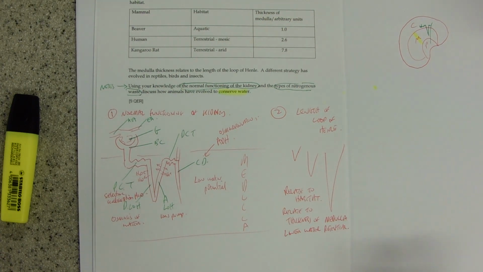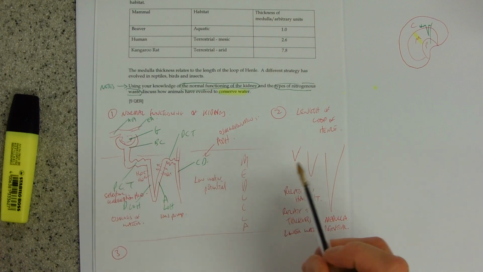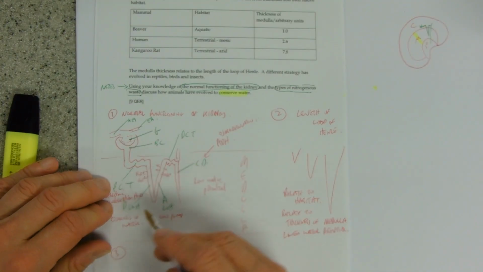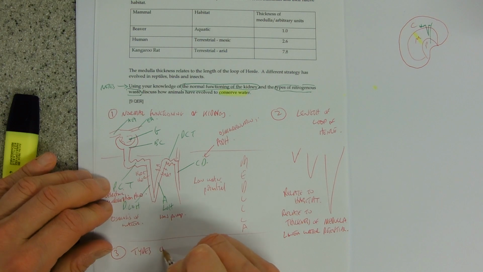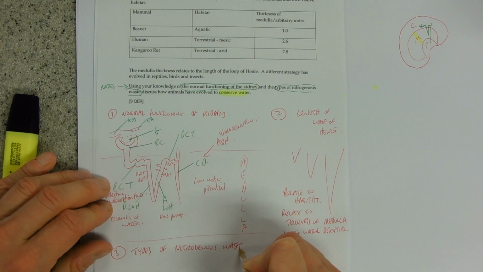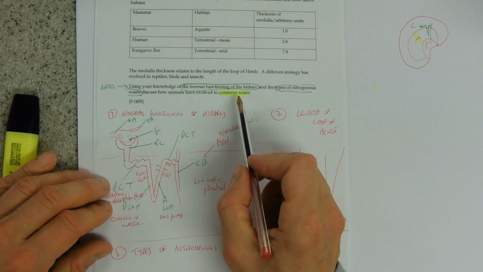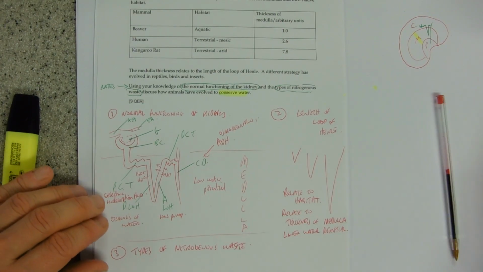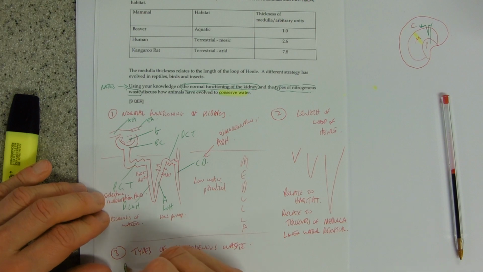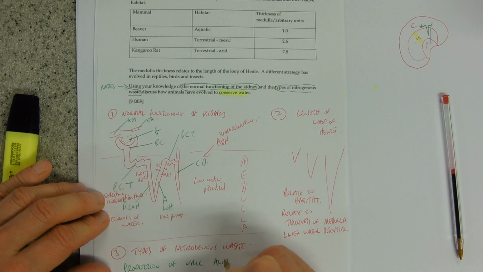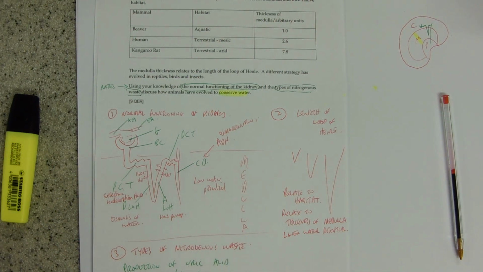And then finally, area 3, we've got types of nitrogenous waste, and particularly to do with conserving water. So things like production of uric acid, in reptiles, insects, birds. And why they do that.